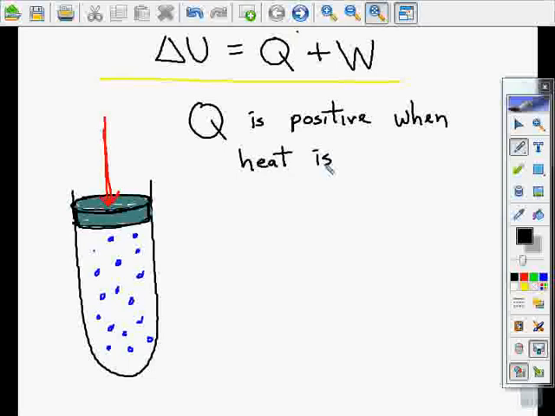The heat is positive when it's added to the gas.